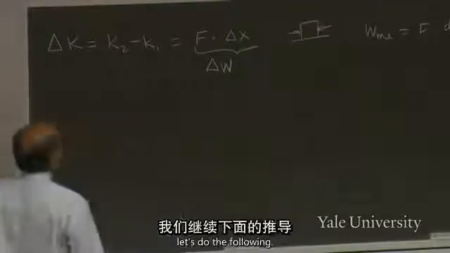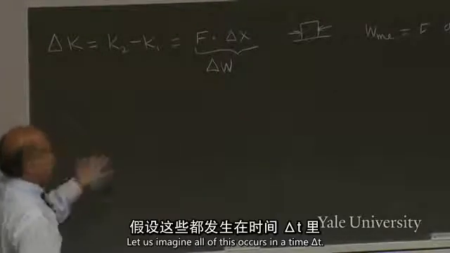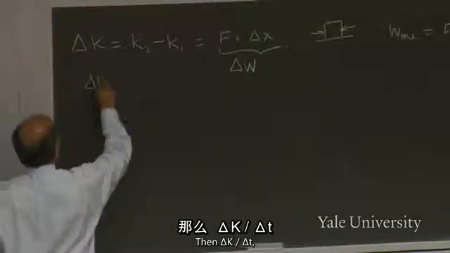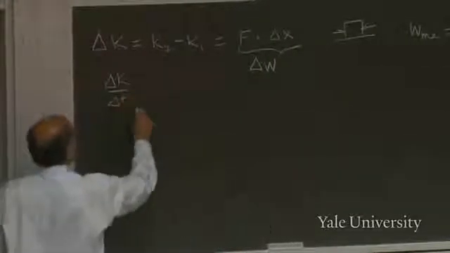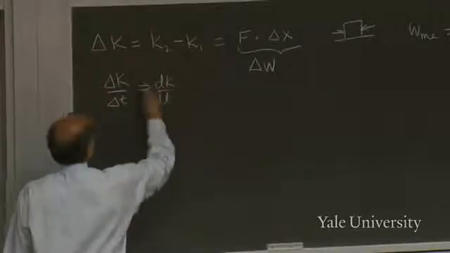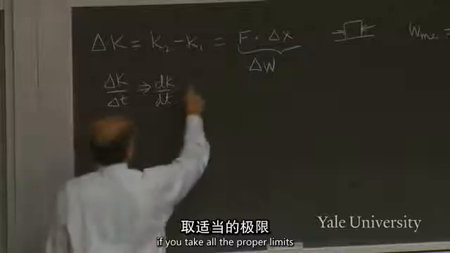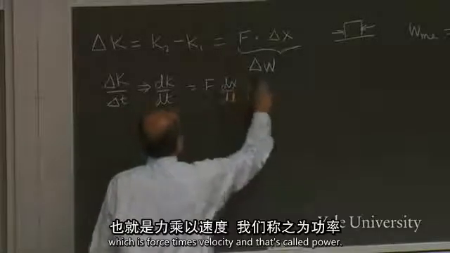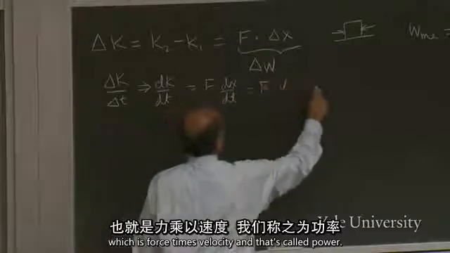Let's do the following. Let us imagine all this occurs in a time delta t. Then delta k over delta t, which will eventually become dk dt, if you take all the proper limits, becomes f times dx dt, which is force times velocity, and that's called power.